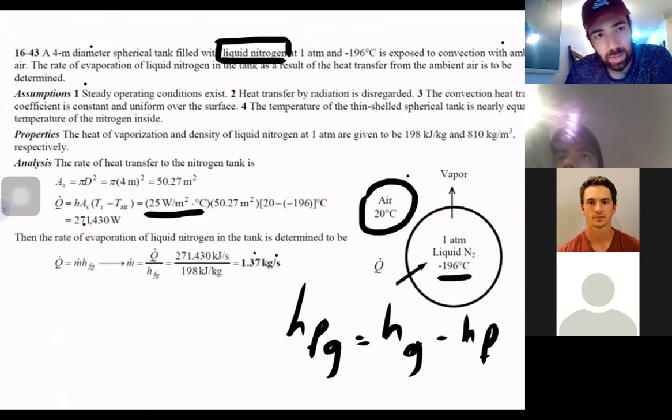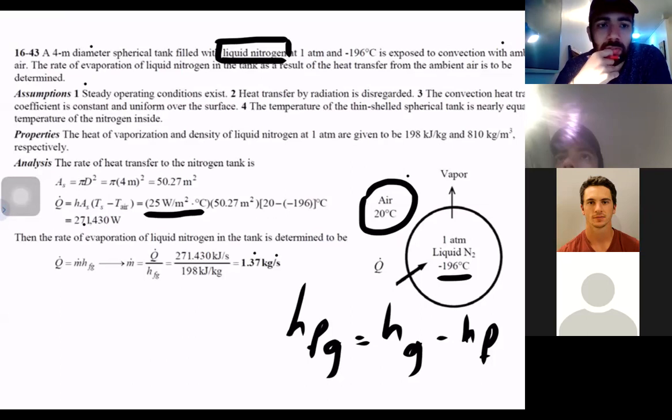But the most naive and trivial consideration is to simply consider that the surface temperature of the tank is close or similar to what we have for the liquid nitrogen. That is basically the case when we do not have any information from the question itself.